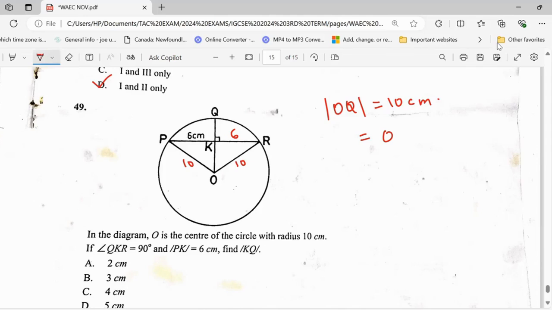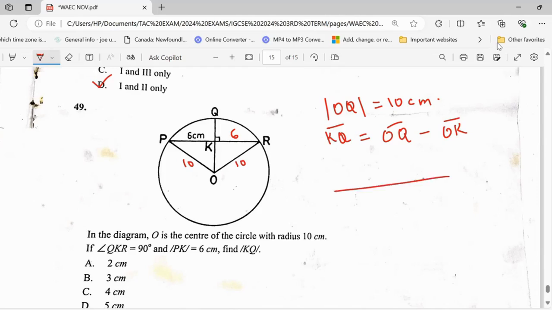What I'm looking for is KQ. So the length of this KQ is equal to OQ minus OK. Of course, look at it.